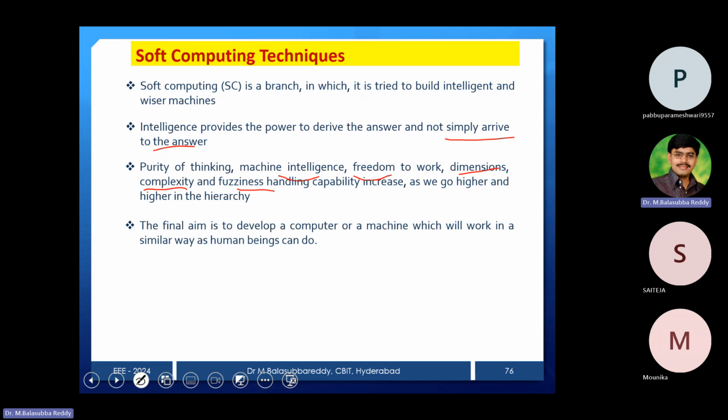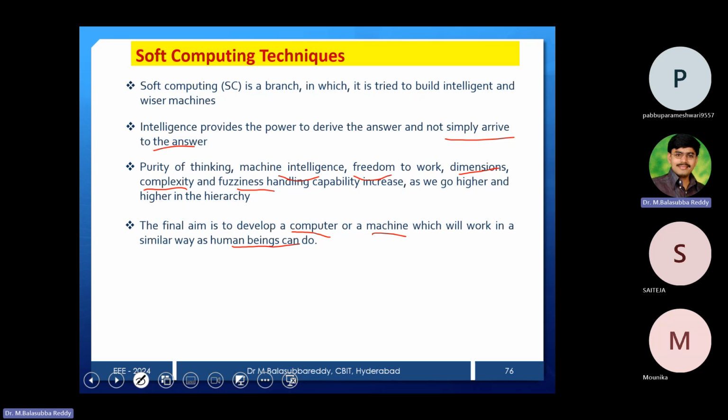The final aim is to develop a computer or a machine, normally we call it a machine, which will work in a similar way to human beings. This is what the soft computing techniques will do. Whatever we are going to use for any type of application in the soft computing technique, finally this has to be developed as a machine model.